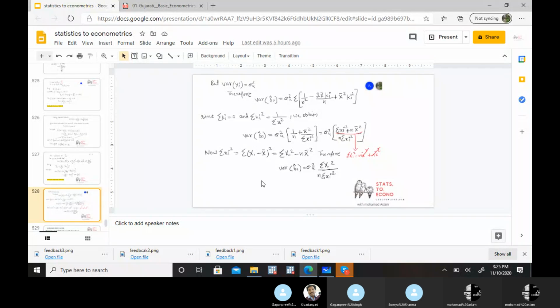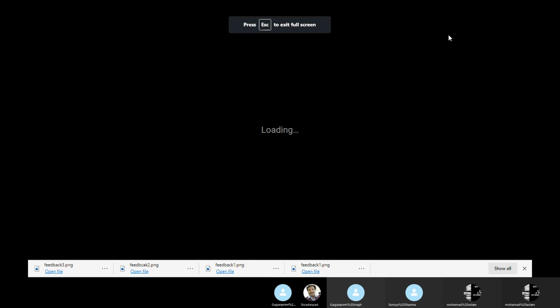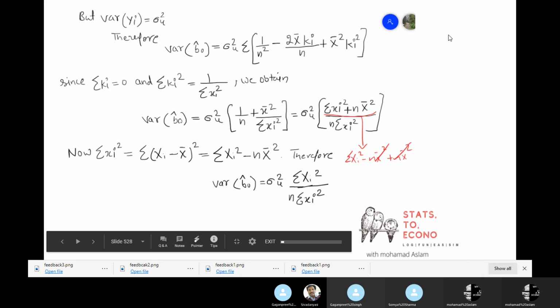Summation with the constant will remain the same. Now if you solve this equation, we get only summation xi square. So this is the final formula we have: summation xi square upon n summation xi square.